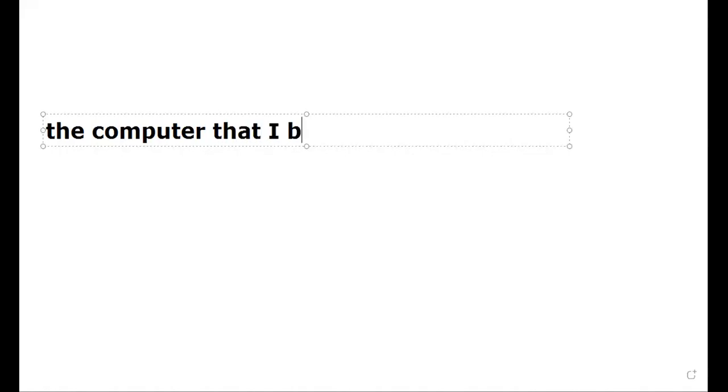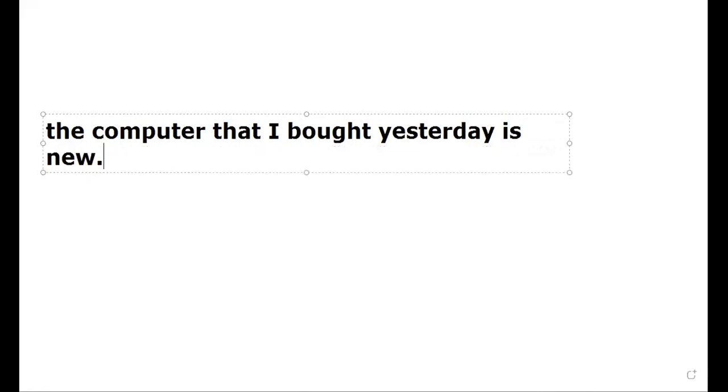So, the computer that I bought yesterday is new. The computer that I bought yesterday is new.